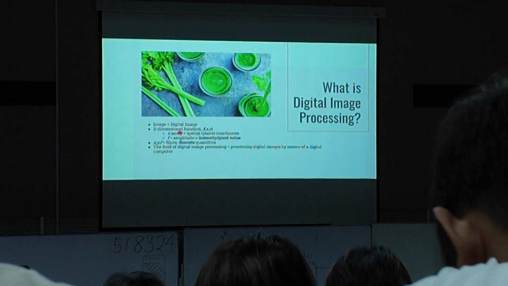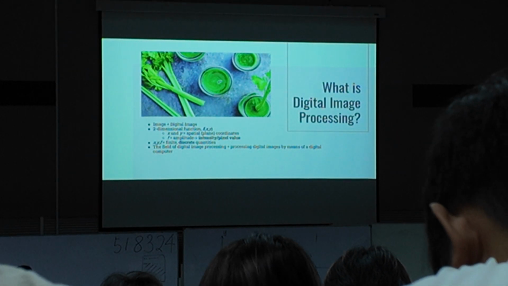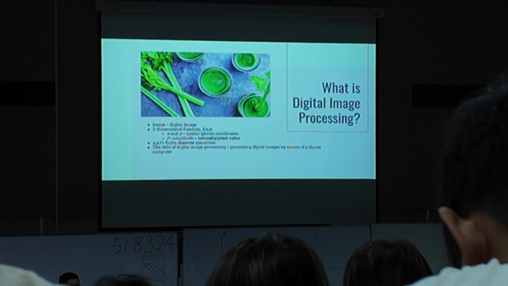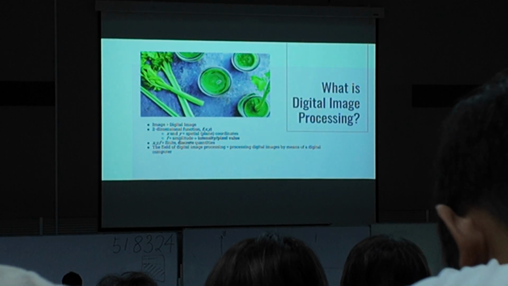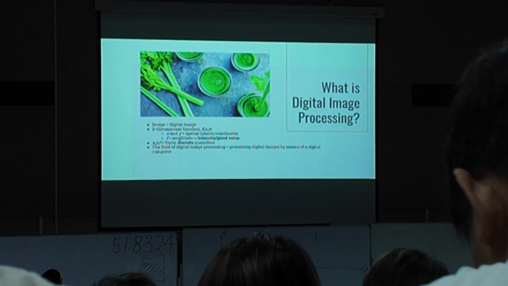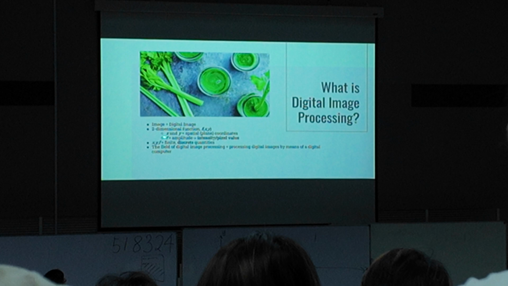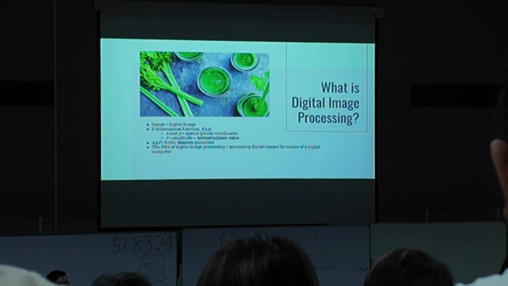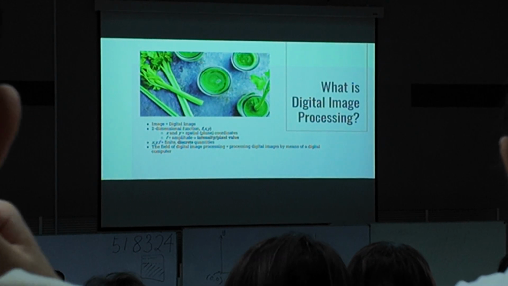Sooner or later, you're going to hear me talk about the spatial and frequency domains. Spatial is what we see, what we get. For example, if I'm looking at this greenish image, what I see is the size and the color. These two things are called spatial.